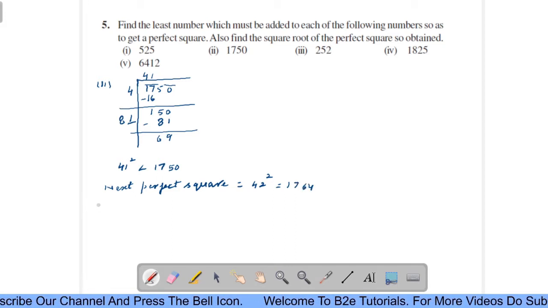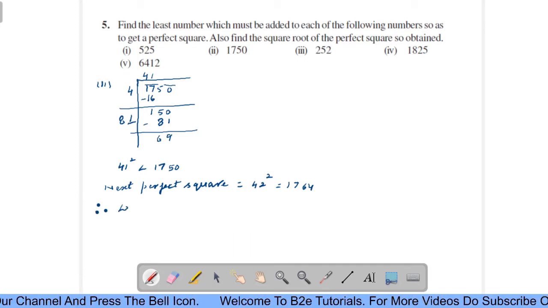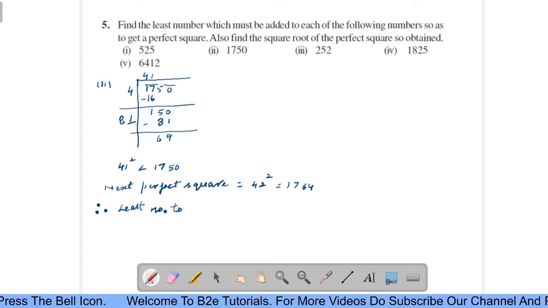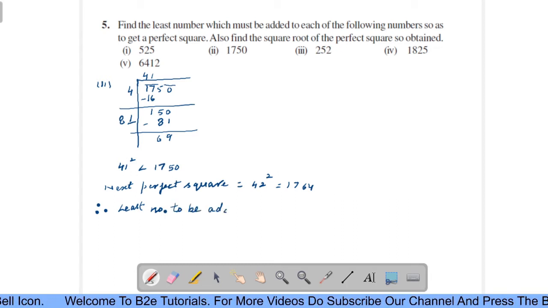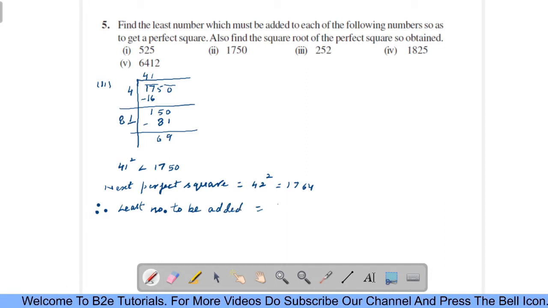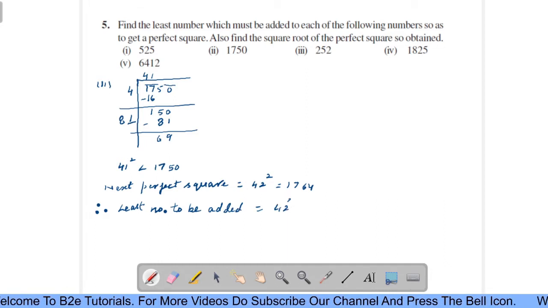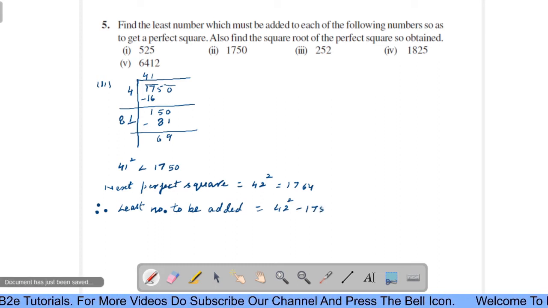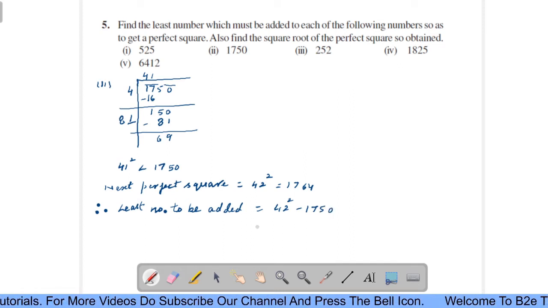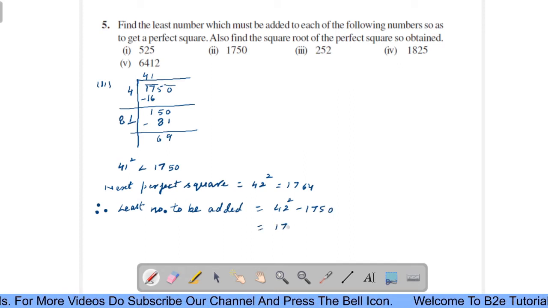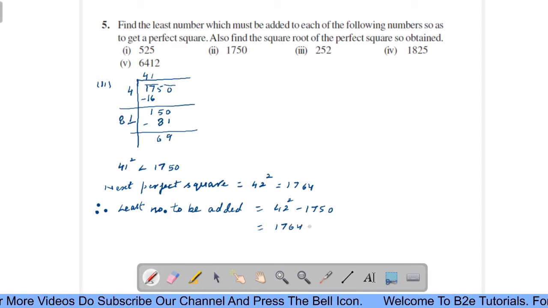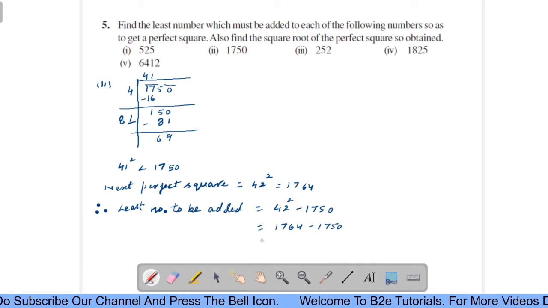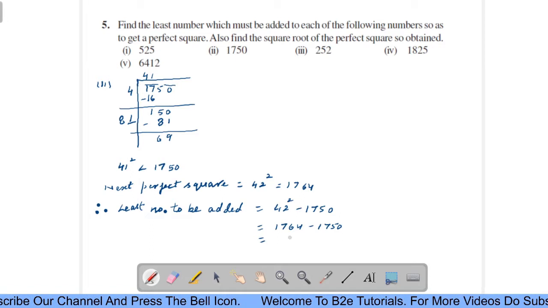Therefore, the least number to be added is equal to 42 square minus 1750. 42 square is 1764, minus 1750, that is 14.